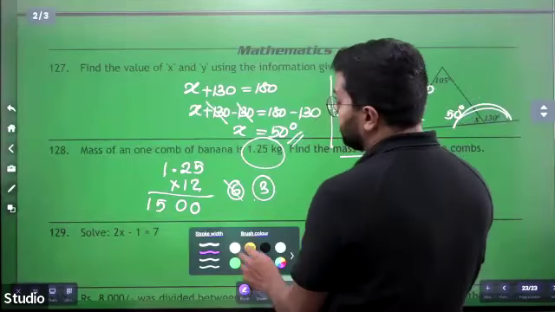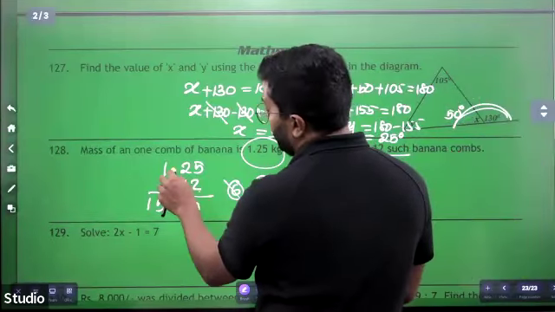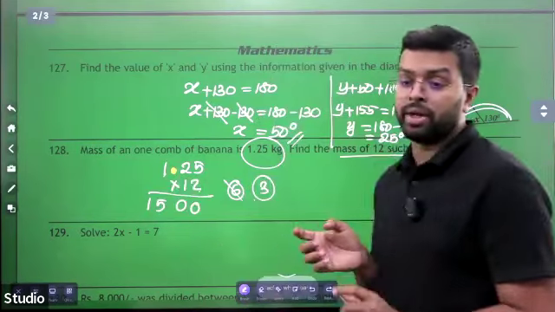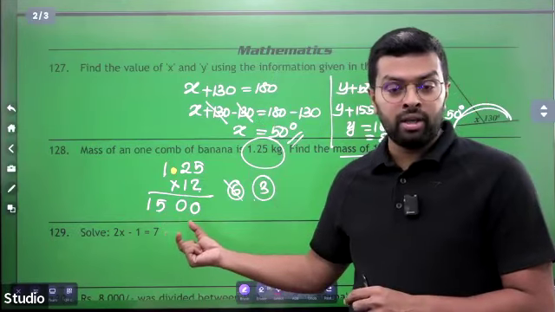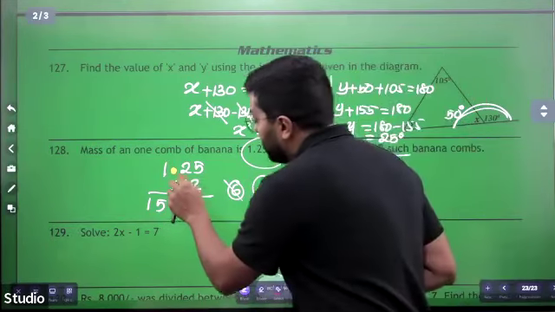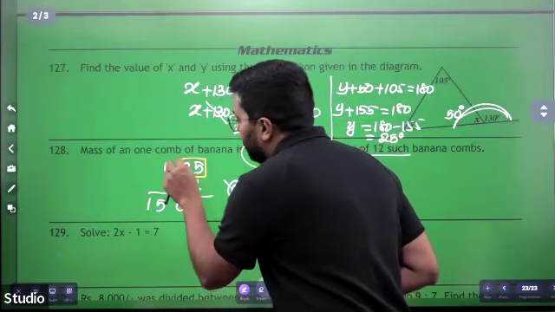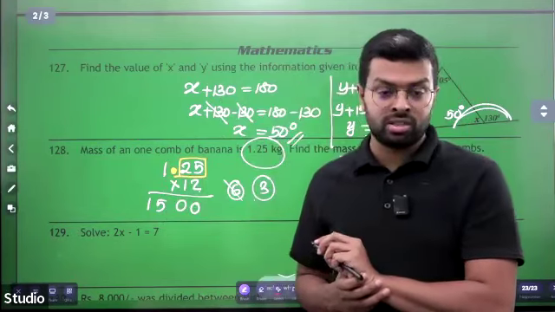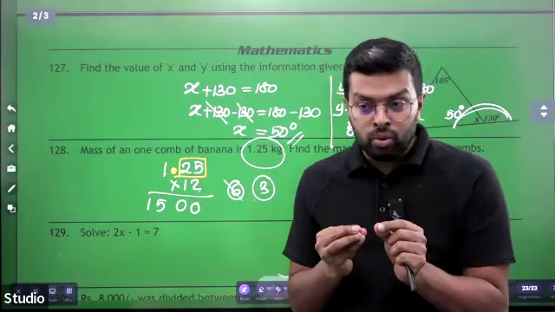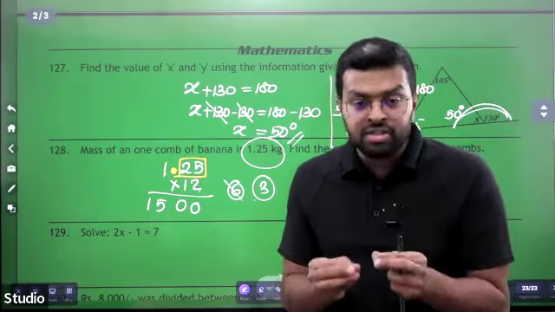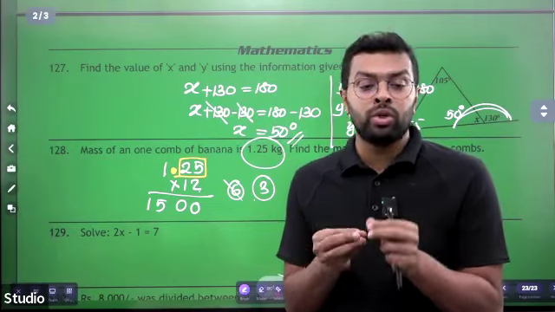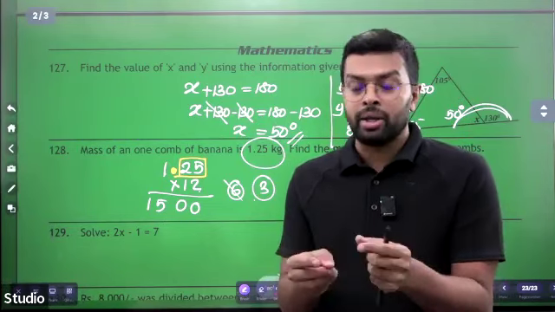Now let's think about the decimal numbers as well. Here, after the decimal point, we actually have to multiply 1.25. So after the decimal point in this number, we have 2 digits. So in your answer also you have to have 2 digits after the decimal point.